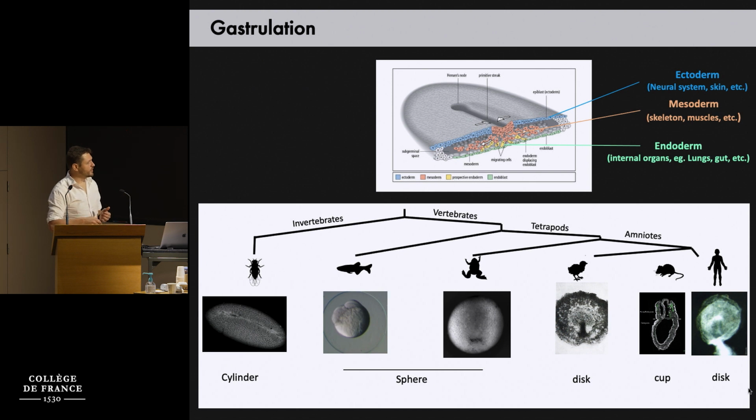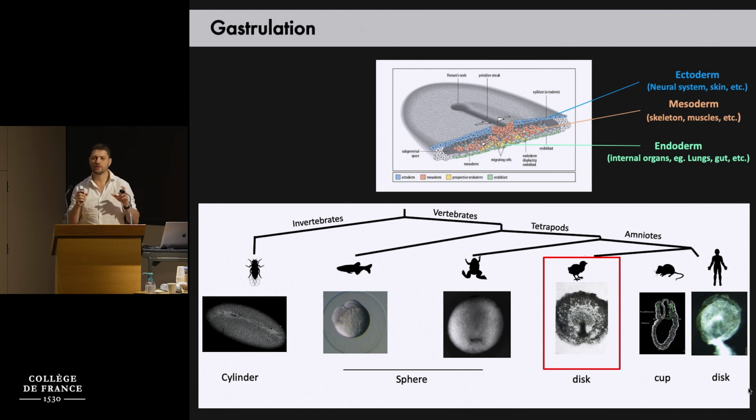Now, if you look at different organisms, gastrulation comes in different sizes and in different shapes. The reason why we like to work on the quail is not because we like birds only. It's because the quail has a size which is very similar to that of the human, and the geometry is very similar.